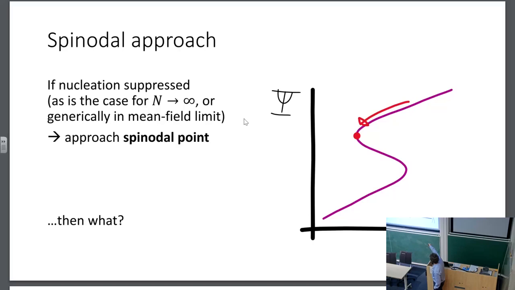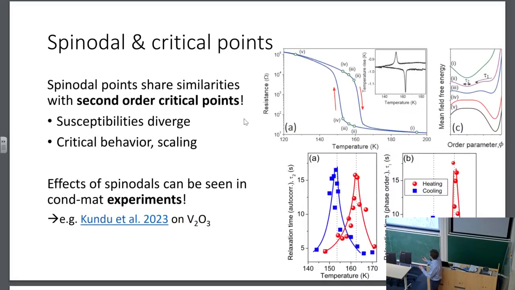You don't have this S curve where it turns back, but the derivative goes to infinity, and that's related to some susceptibility blowing up. And that happens also for spinodal points. So they have some things in common, some scaling behavior that happens next to them.